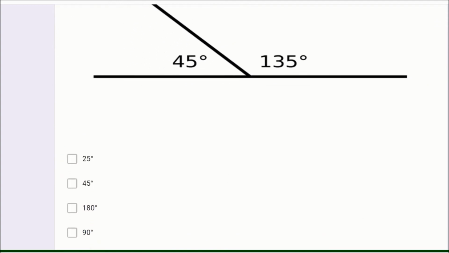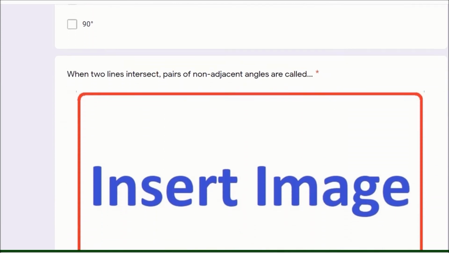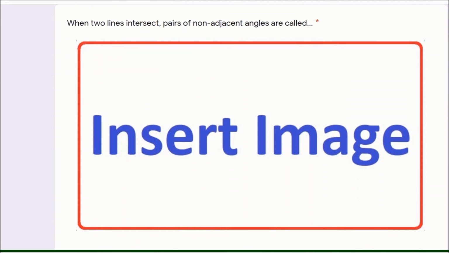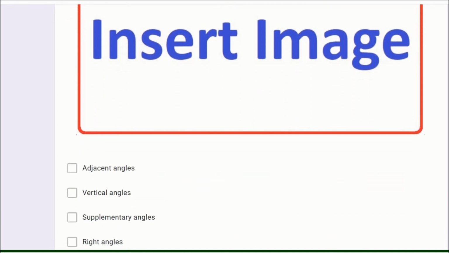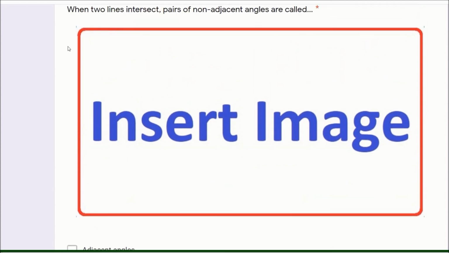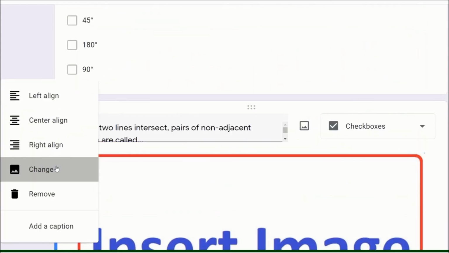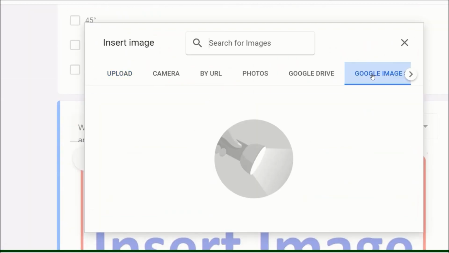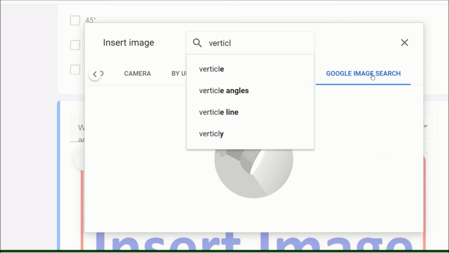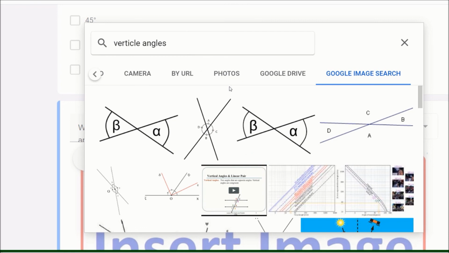Now we have one more image we want them to find. When two lines intersect, pairs of non-adjacent angles are called. And we have the students search those definitions on Google, and we try to find images of vertical angles.